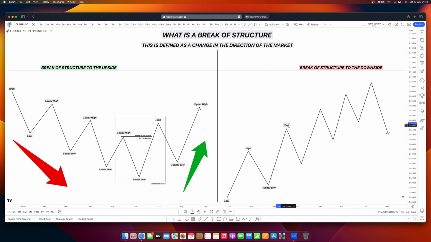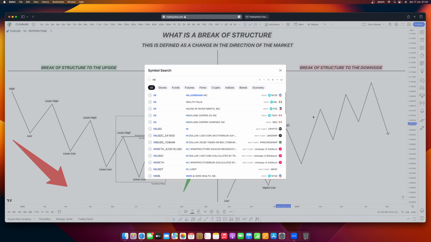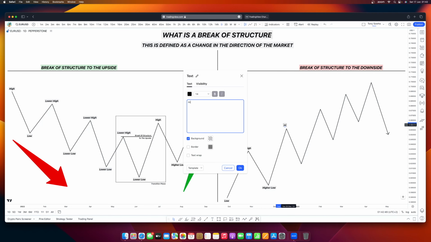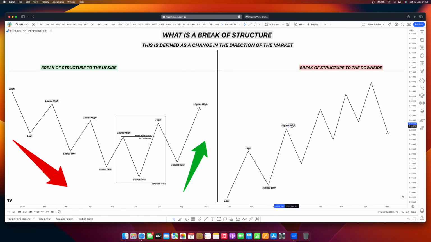And we have this place as the higher high. So we have the higher high, and then we can just copy and paste all of this. So I'll just clone it.